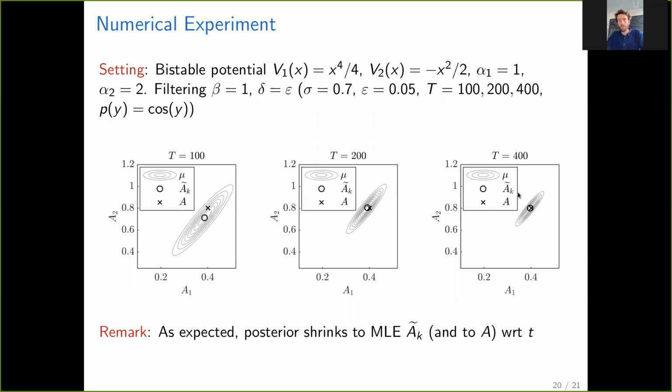So on the one hand, the mean of our posterior is very close to the true value of the diffusion coefficient. On the other hand, as time increases, we have a shrinkage of the posterior measure, which denotes more and more certainty in our inference procedure.